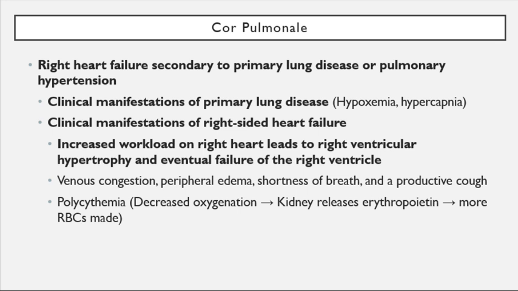You have increased, this makes sense, right? Increased workload on the right heart because your heart's trying to compensate, and that leads to right ventricle hypertrophy because your muscle's working harder, so it needs to compensate and get bigger. And then eventual failure of the right ventricle because there's so much pressure being put on that ventricle.